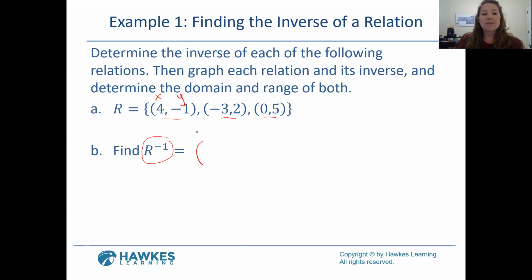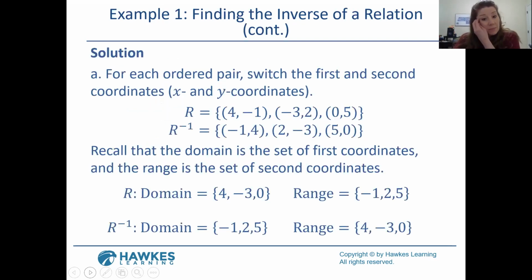For example, instead of 4, -1, I would write -1, 4. Instead of -3, 2, I would write 2, -3. And instead of 5, 0, I would write 0, 5. So these coordinates are the inverse of our original set of coordinates.